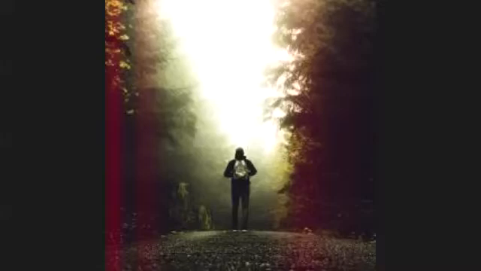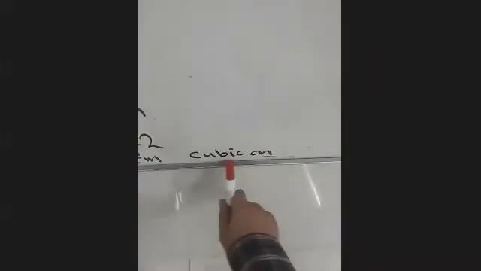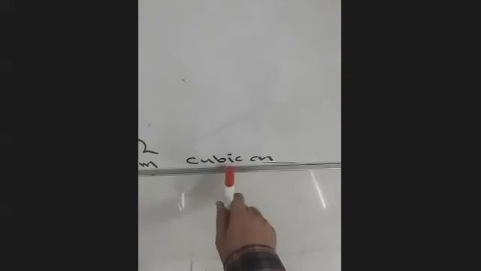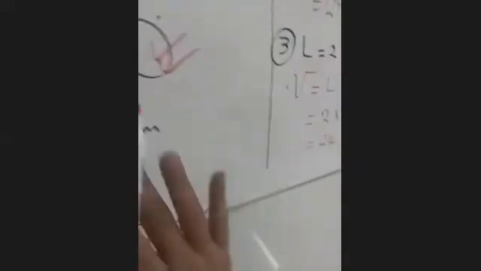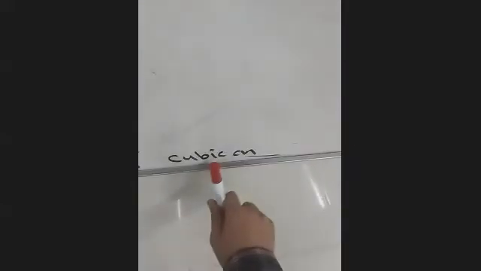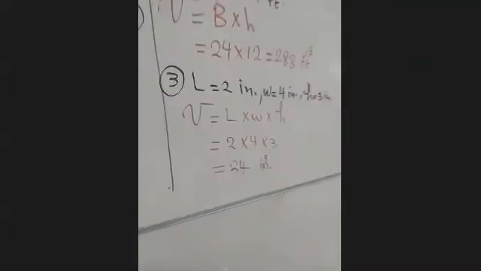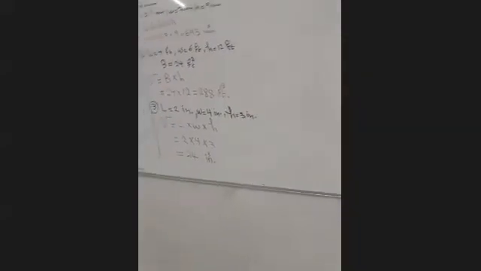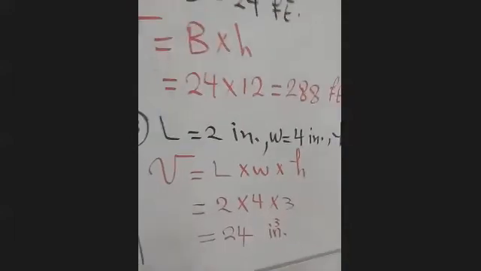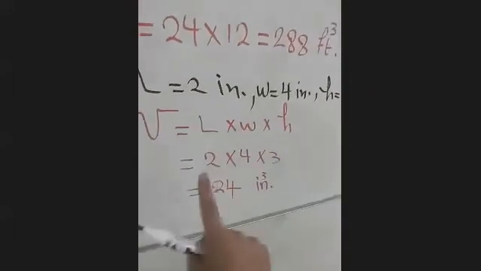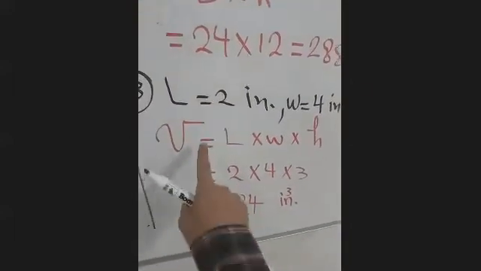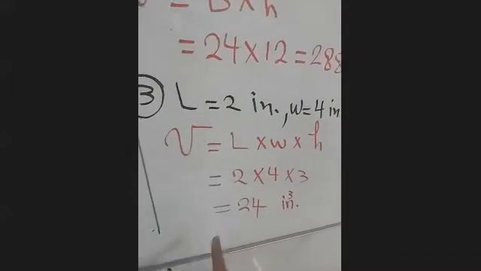Cubic. Not cube, cubic. So here cubic inch, with a small 3 on top. Understood? This is question 3. Copy the steps, don't write only 24. Write the formula, put the numbers, find the answer, equal like this.